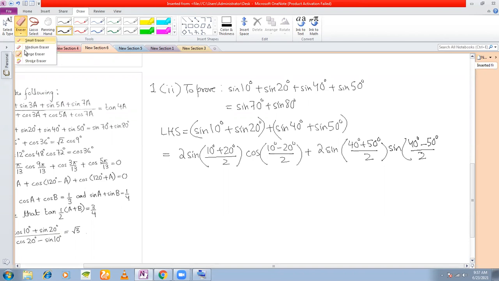Sorry, this is cos. Sine plus sine is 2 sine cos. So this is 2 sine.